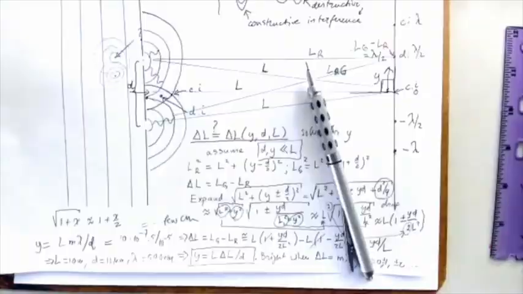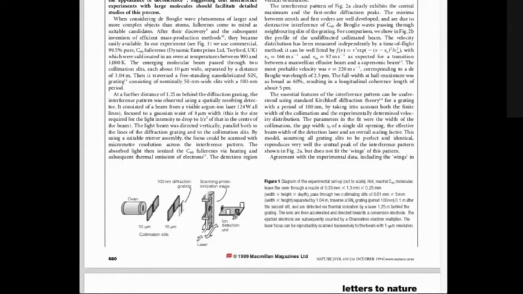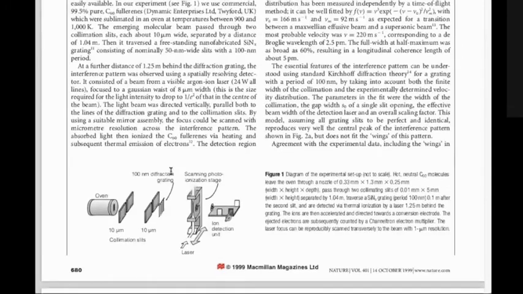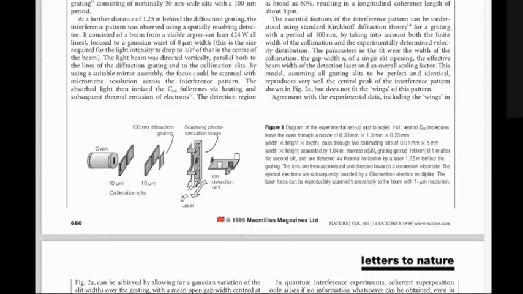Well, this is a paper from 1999, so not too long ago. They did this experiment where they took this oven, and then there were these Buckminster fullerene balls coming out. So these are C60 molecules, and then they used a diffraction grating just like those slits that we were using.